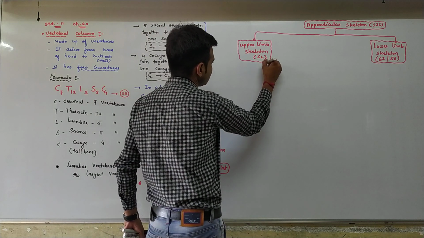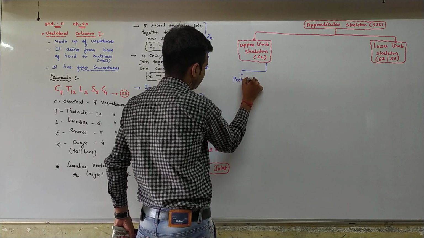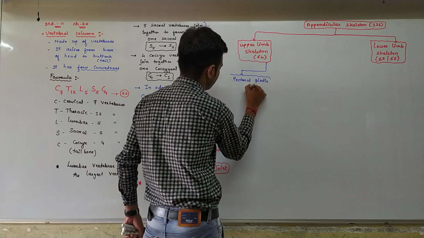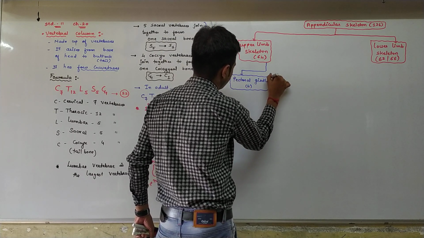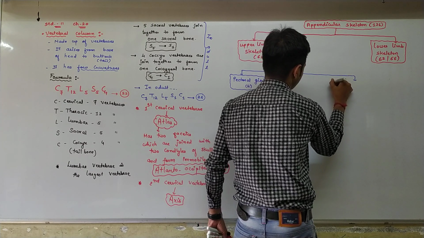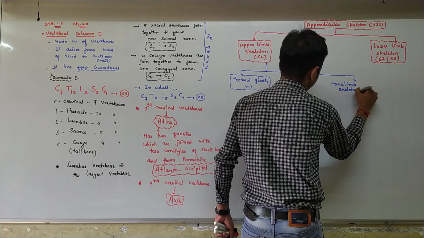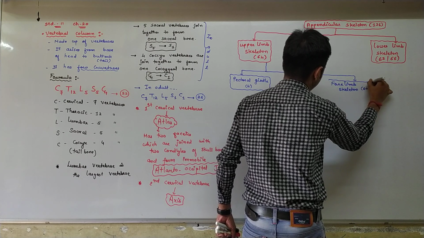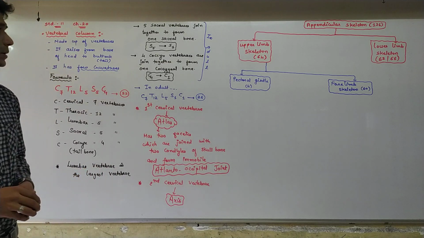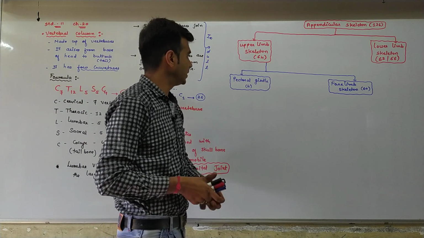Upper limb skeleton is divided into 2 parts, pectoral girdle and forelimb.